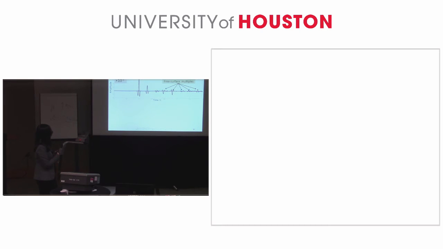When we change this plot scale from 10 to the minus 5 to 10 to the minus 7, which is 100 times smaller, and replot this 2D line source free surface multiple prediction, then we can see the predictions are here. But this prediction carries an amplitude 100 times smaller than the original data, which is a significantly less effective prediction.